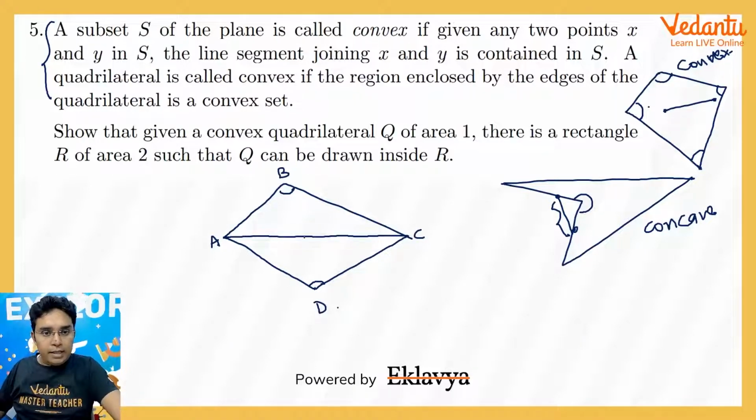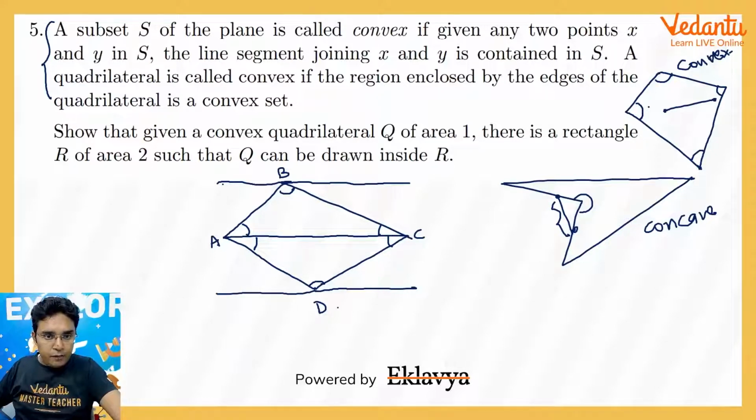Okay, and then, because these two angles are acute, I can draw a diagonal passing through A and C, and then I can draw two lines. One passing through B parallel to AC, and one through D parallel to AC, and then we can draw a rectangle like this.